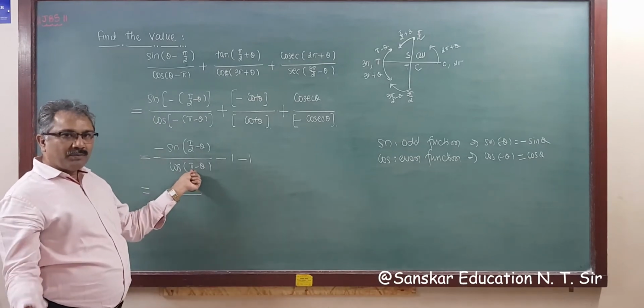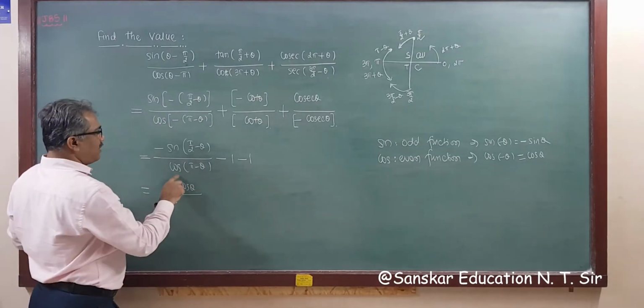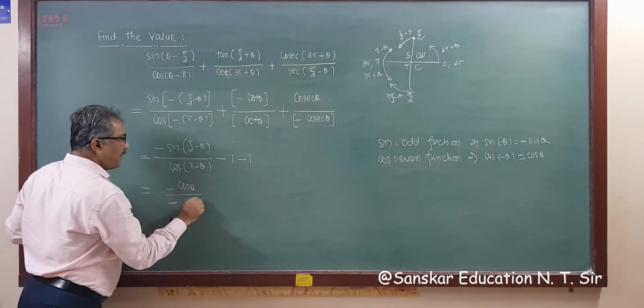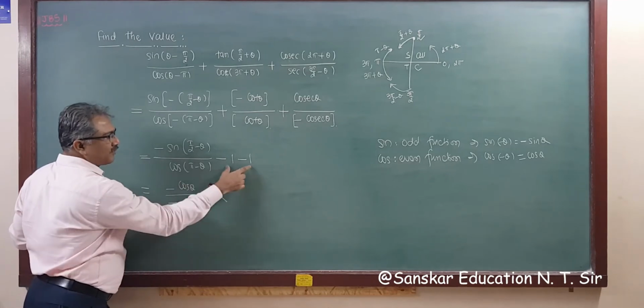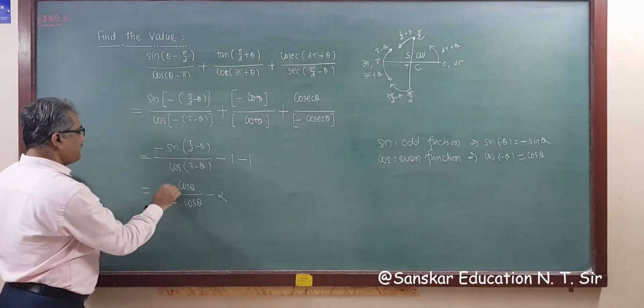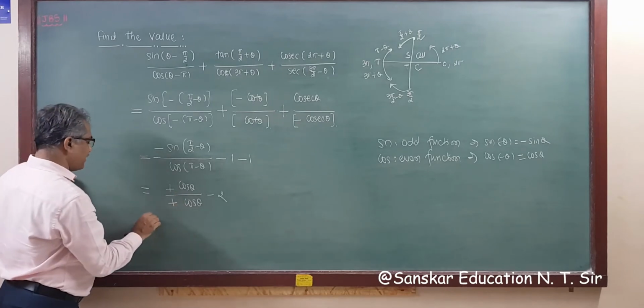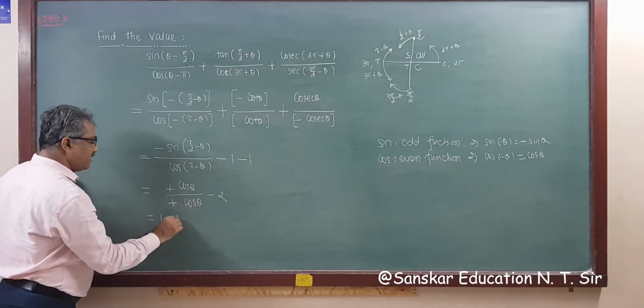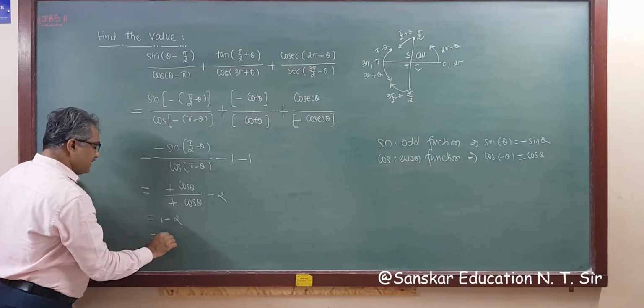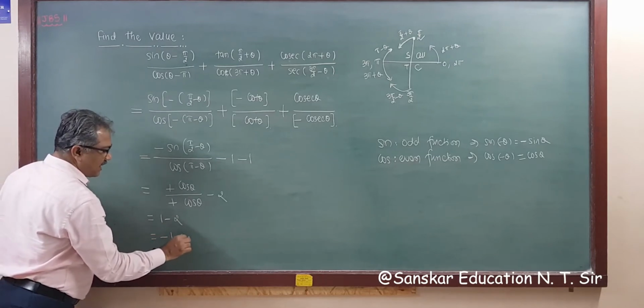No change because it is a multiple of pi, so cos theta. Minus 2 minus 1, this is minus plus, cos will cancel, so the answer will be 1 minus 2, that is minus 1. This is your answer.